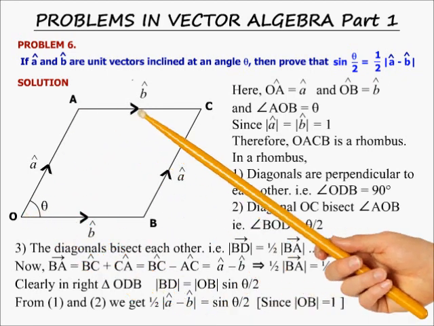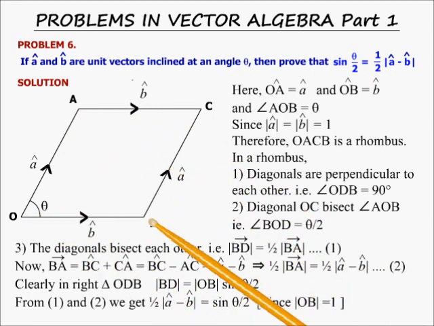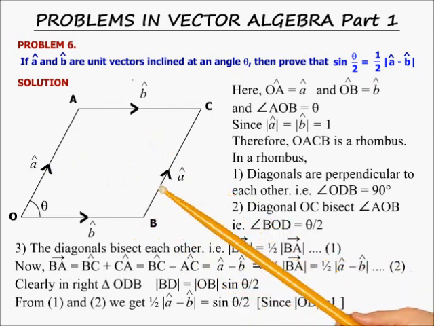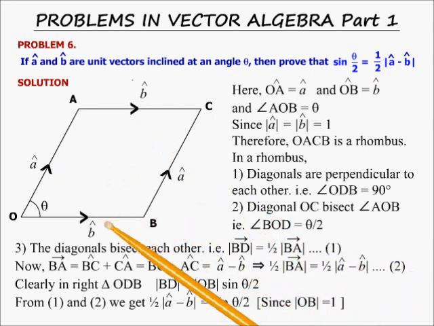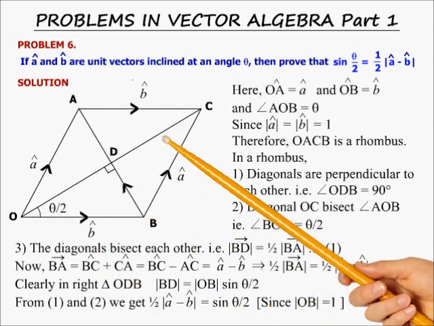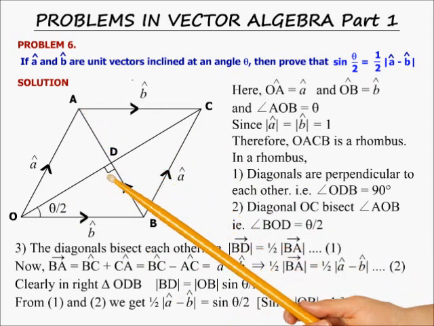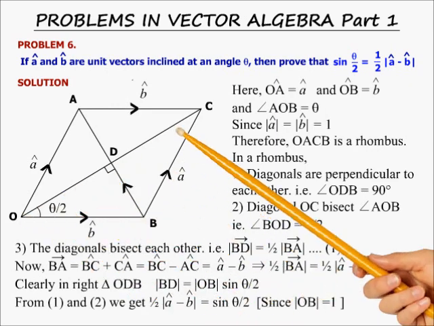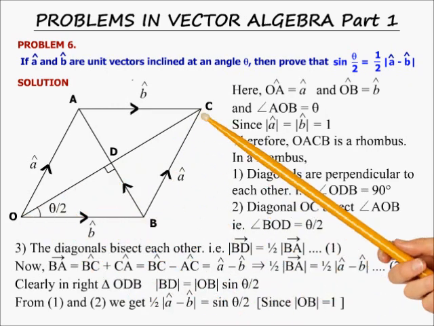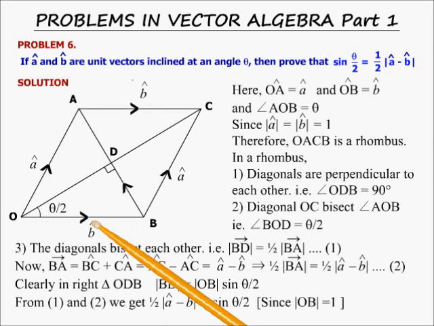This parallelogram OACB is actually a rhombus with 4 sides representing unit vectors, that is, their length is same, so it is a rhombus. Now in a rhombus, the diagonals are perpendicular to each other. Therefore, angle ODB is equal to 90 degrees. Also, diagonal OC bisects the angle between OA and OB.